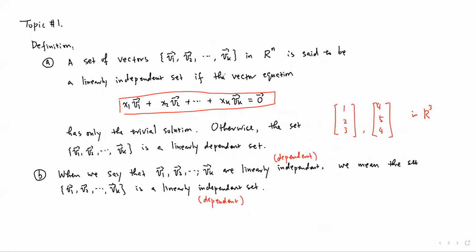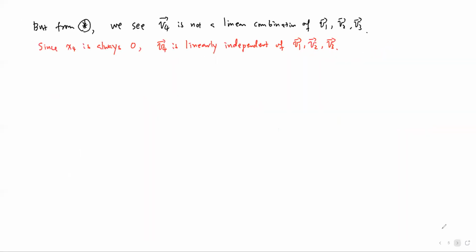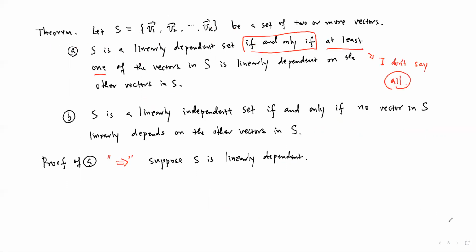This is the definition. Suppose S is linearly dependent, then this vector equation has a non-trivial, or non-zero, same meaning, solution.